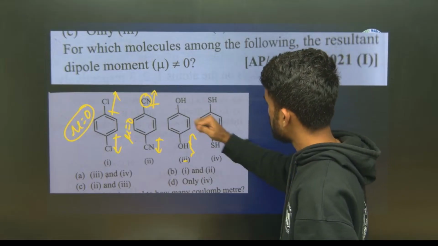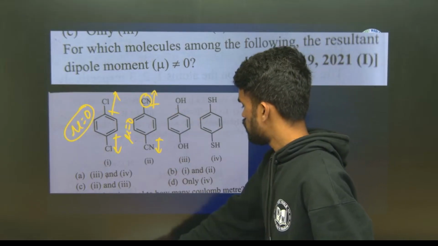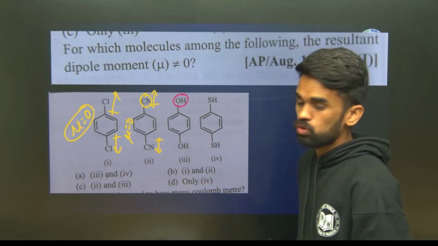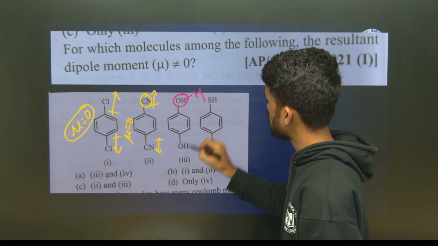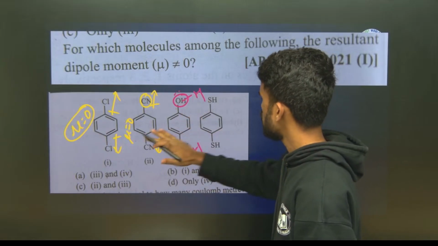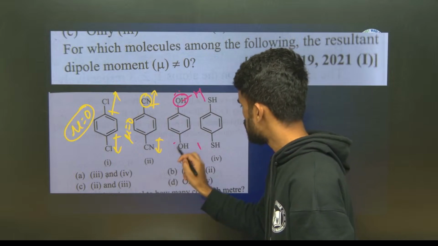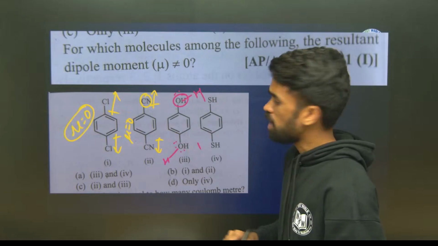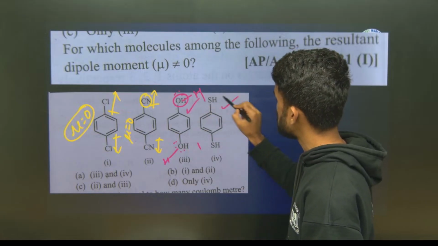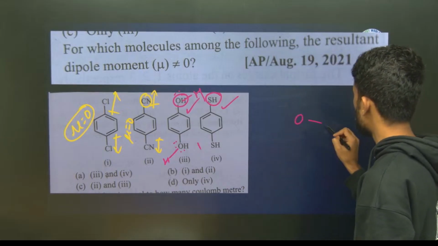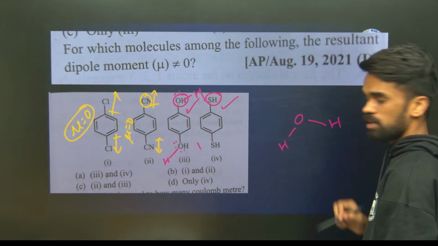So in case of 3, 4, we have OH groups now, these are not linear, they are non-linear groups. So you have one OH like this, another OH like this, so they won't cancel out each other here. Okay, so it means the net dipole moment is not 0 in both of these cases. SH is also similar to OH, non-linear groups, like a water molecule, bent shape now.